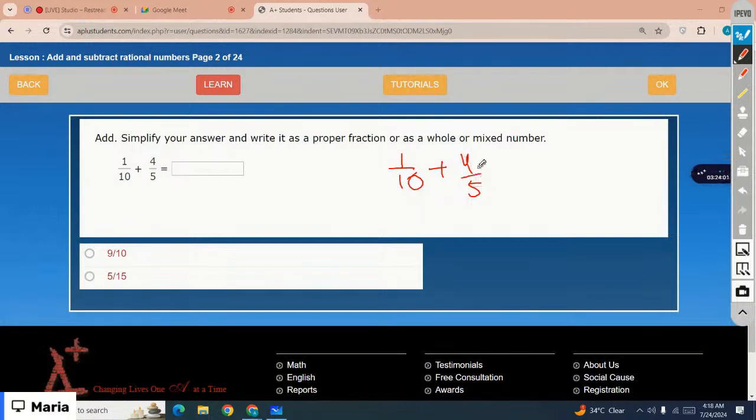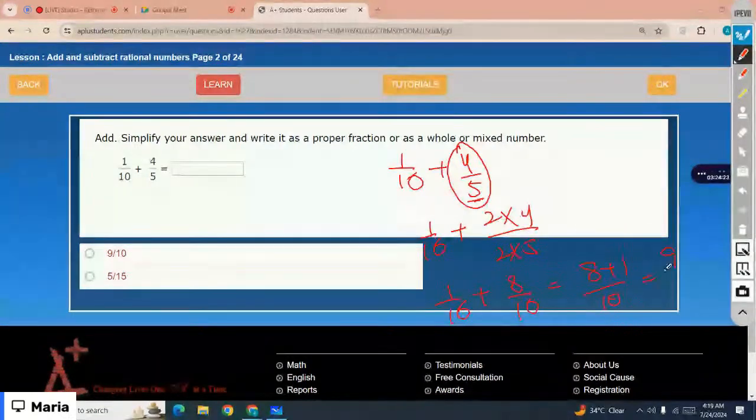So you have to multiply this fraction by 2 because 5 times 2 is 10. You need to make the smaller denominator equal to the greater one. So you multiply by 2: that is 2 times 4 and 2 times 5, giving 8 over 10, plus 1 over 10. Now they have like denominators. You can simply add their numerators. 8 plus 1 is 9 over 10. The correct option is 9 by 10.